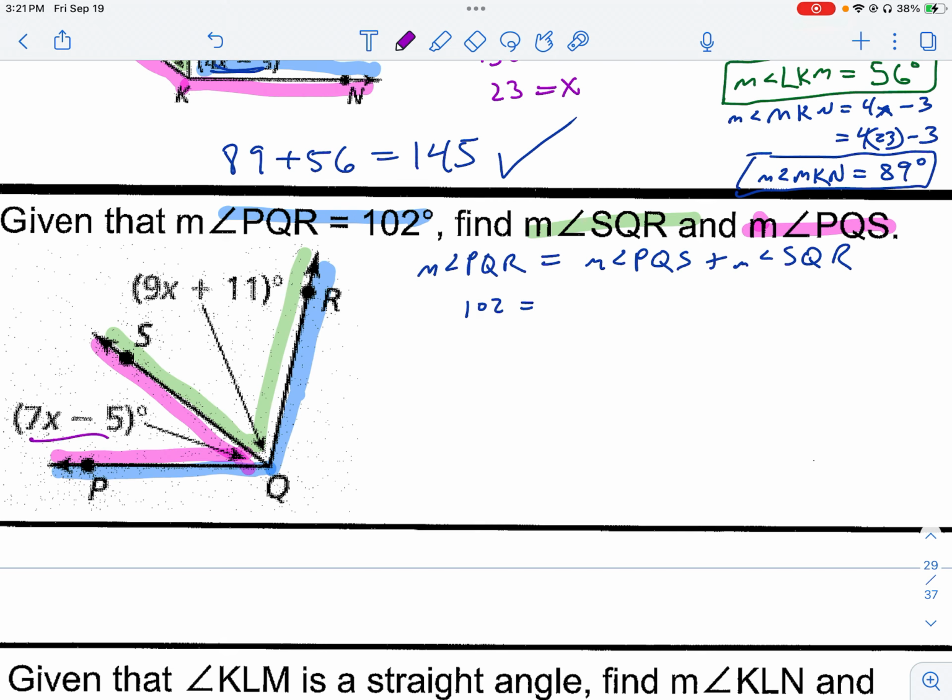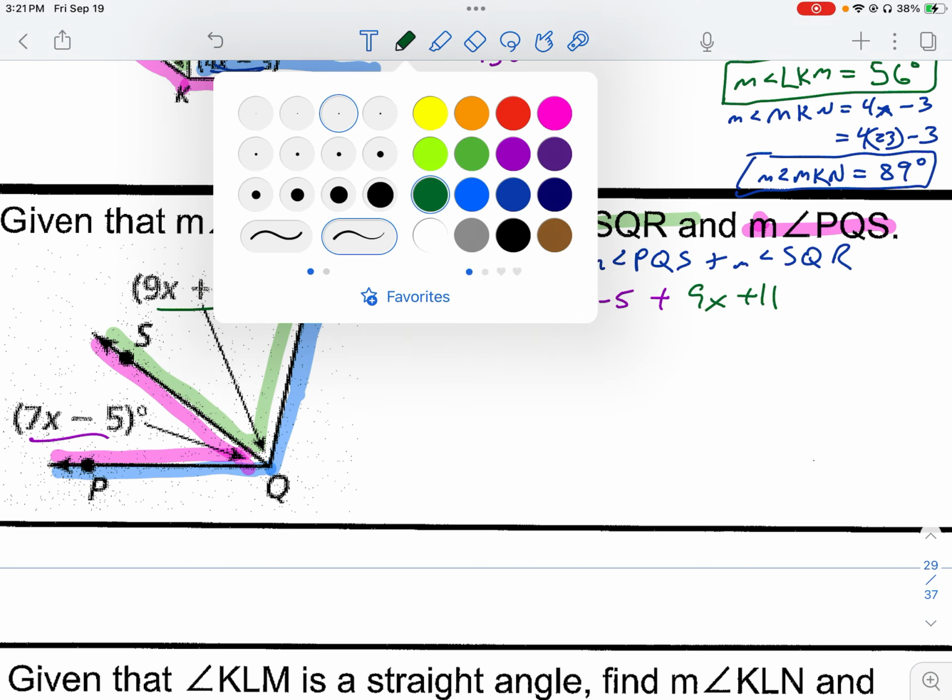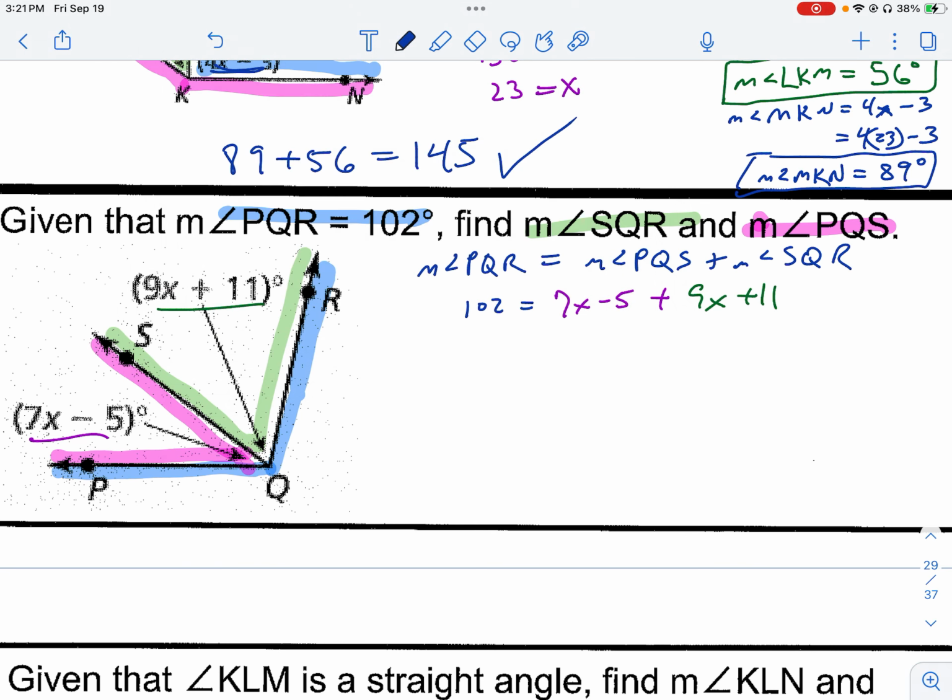We know that PQS is 7x minus 5. So let's substitute that in. And we know that SQR is 9x plus 11. So let's substitute that in. So once again, we got a bunch of x's and numbers on the same side.